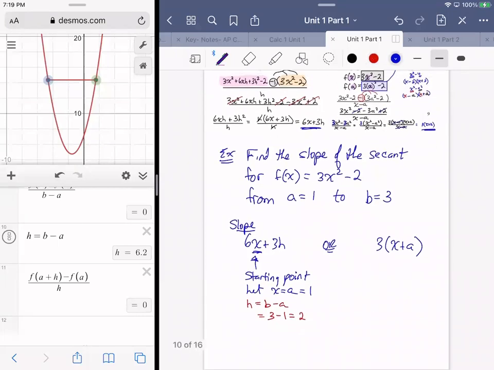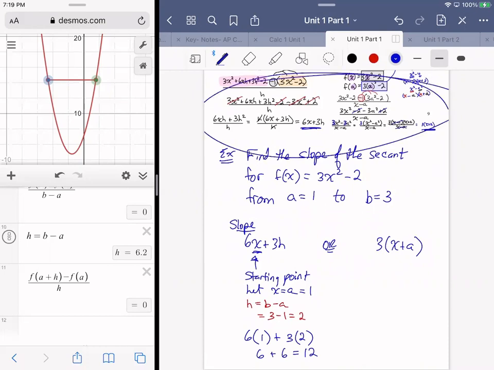So if I needed to compute the slope here, it would be 6 parentheses 1 plus 3 parentheses 2. So 6 plus 6 would be equal to 12. That's one way to go about it. The other way, again assuming that you did all this work algebraically, is that this x value has a different role in this story. This x value is the ending point of the secant line.